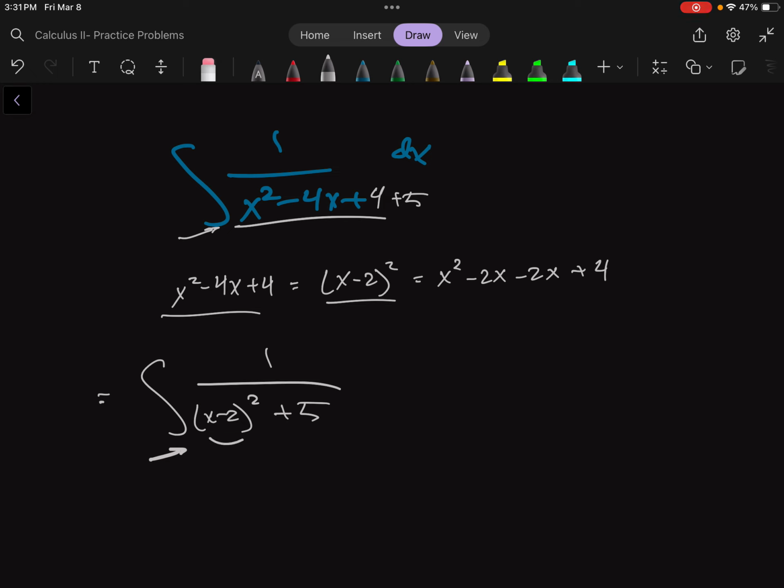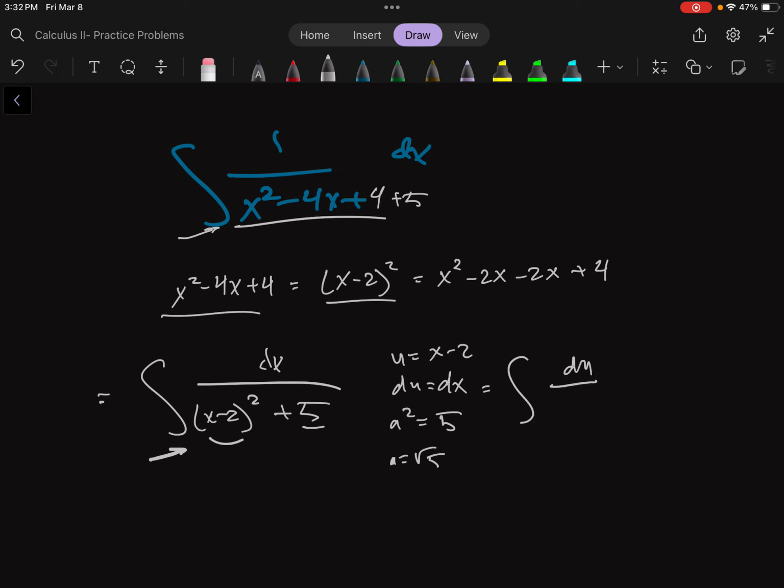But now you can see that we're in the form of arctangent. We have some function squared and some constant squared, forgetting the dx. So if u equals x minus 2, du is going to be equal to dx. A squared is 5, which just means that a is the square root of 5. Then this turns into a pretty easy arctan one.